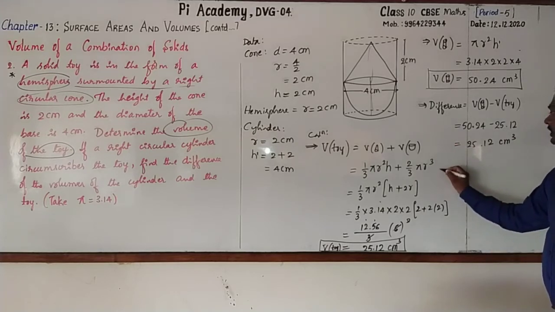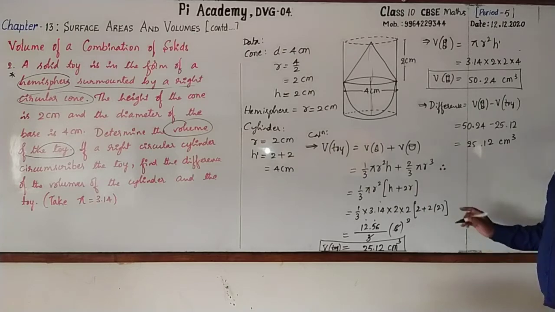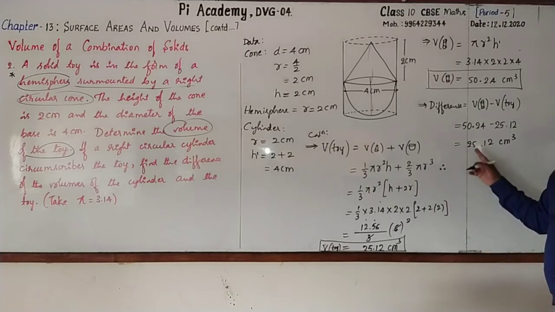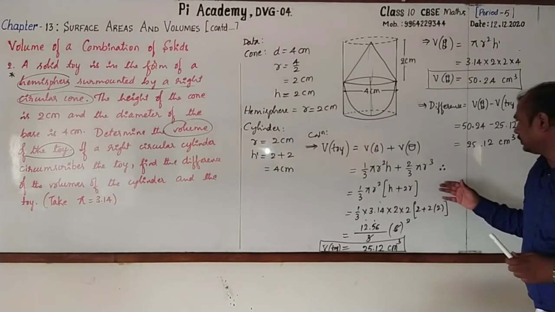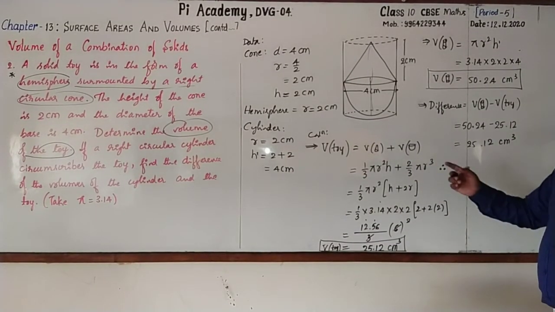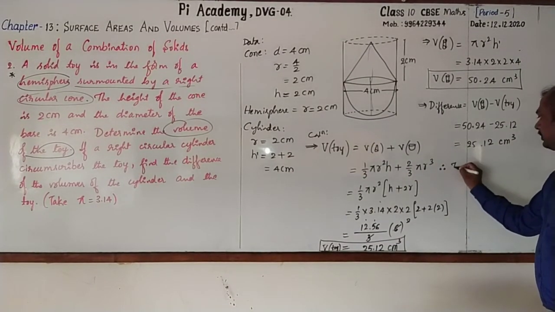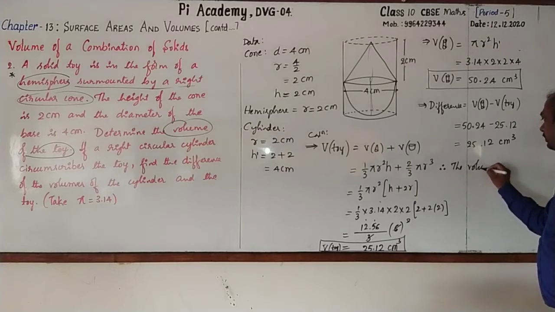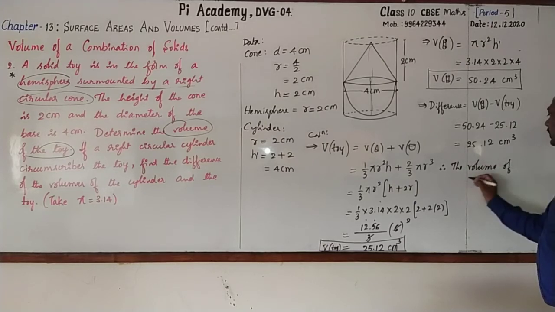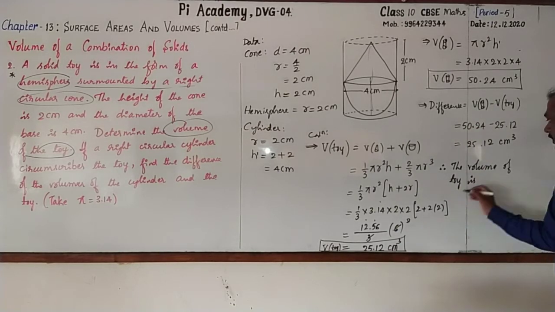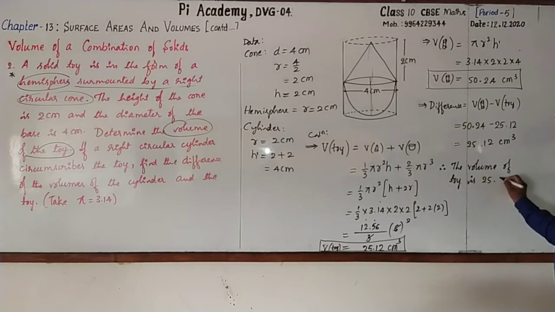Followed? This is the difference. Now let's go for writing the conclusion. Please go for copying up to here. Hope that you have written. Now write the conclusion with me. Therefore, first one, the volume of toy is 25.12 centimeter cube.